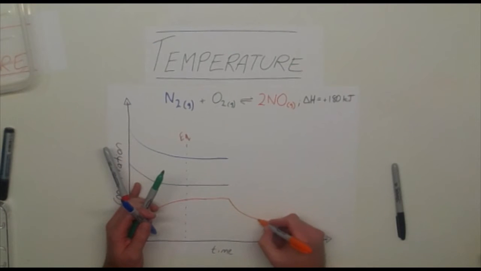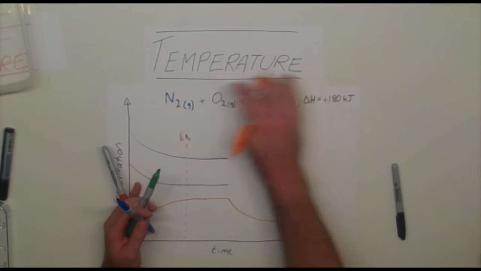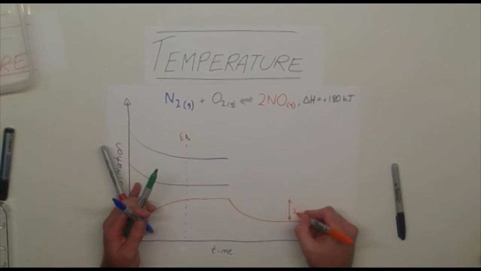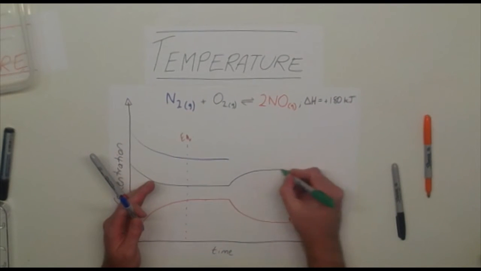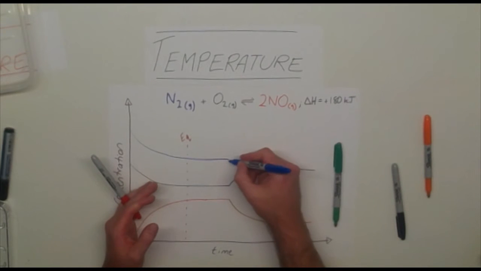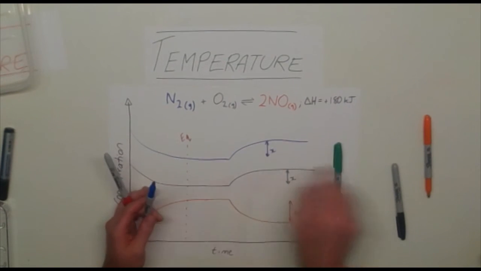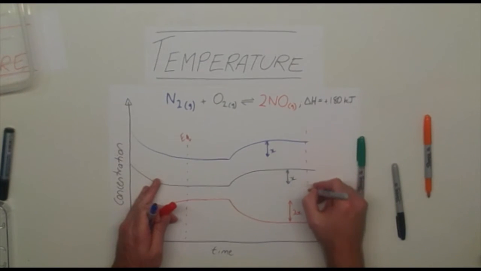So our NO is going to decrease in concentration because we are using it up as we do the back reaction, which is exothermic, to increase the temperature again. So that's going to go down by 2x. Our oxygen is going to go up by 1x, and our nitrogen is going to go up by 1x as well, until we establish our new equilibrium over here.